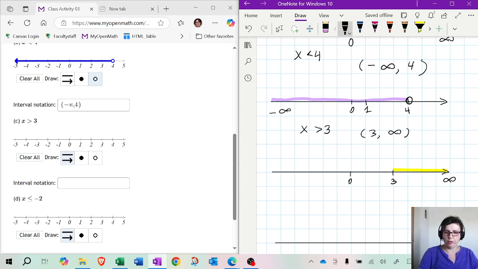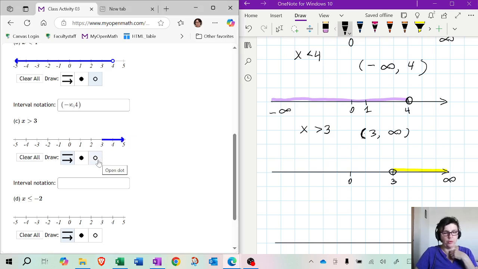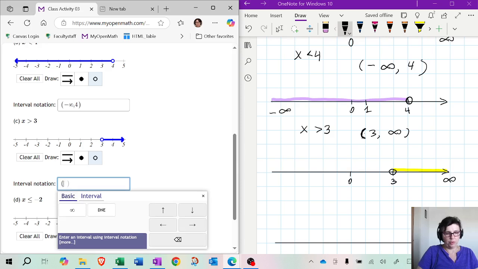But you have to be careful. Is this going to be bracket or parentheses? Well, because the equality is not included, it's just strictly more than 3, that would be an empty dot right here. And so there should be parentheses. So we just shade to the right of 3, and then we place an empty dot right here, and in interval notation that would just be 3 infinity.